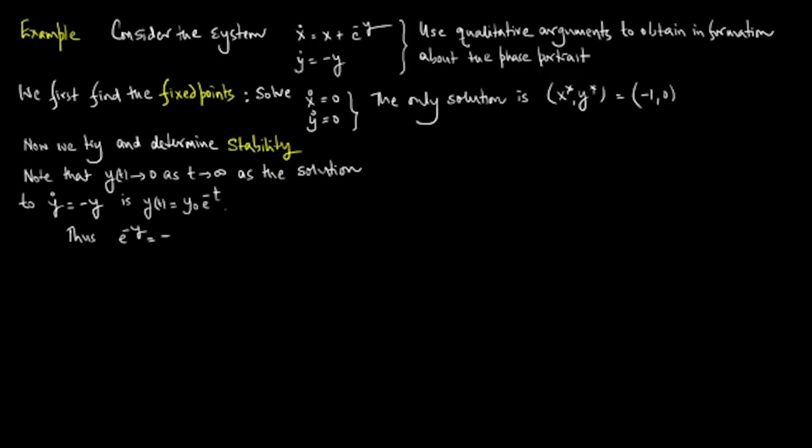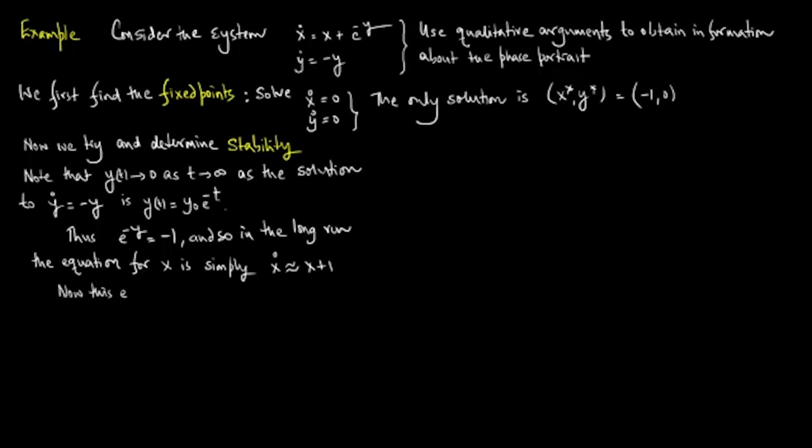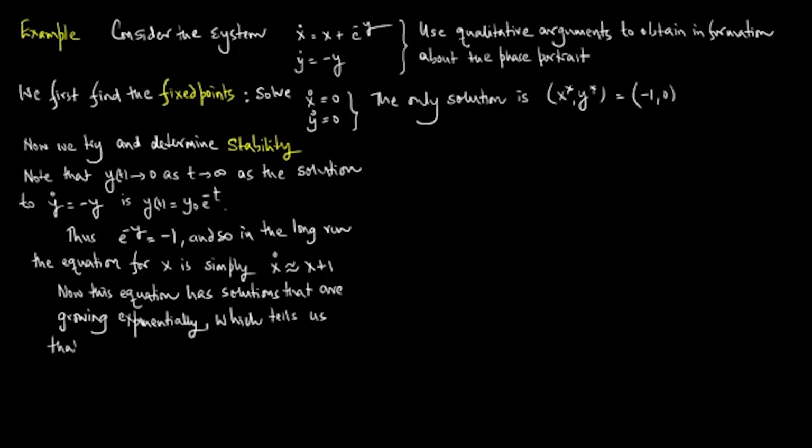Thus e to the minus y is equal to 1, and so in the long run the equation for x is simply x dot is equal to x plus 1. Now this equation has solutions that are growing exponentially, which tells us that the fixed point is unstable.